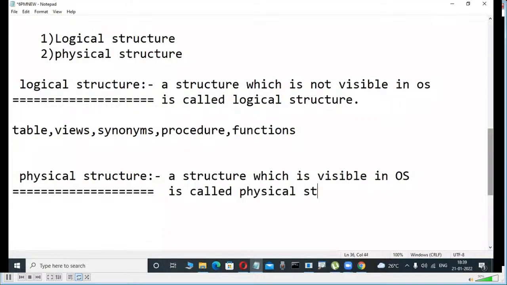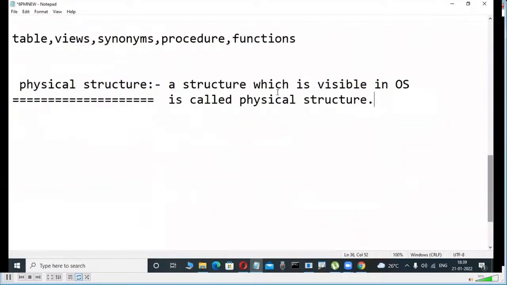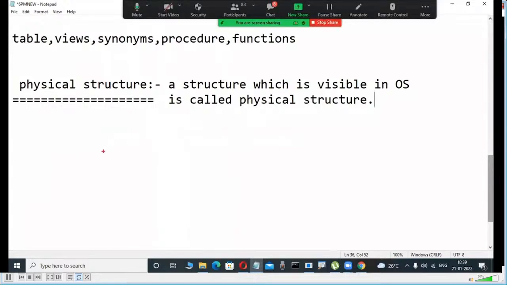Who are the persons working in this physical structure? It's a big concept; I'm only telling the definition side, because what a database is, I will tell you which definition is correct. A structure which is visible in the operating system is called a physical structure. Suppose I install software, some physical files are created on a disk. Your PowerPoint, MS Access, Word, anything we load, physical files are created.